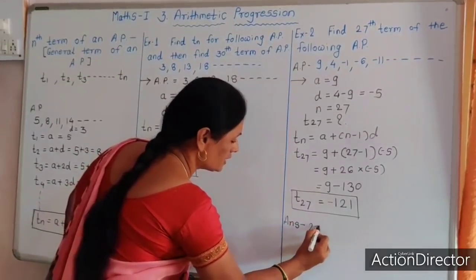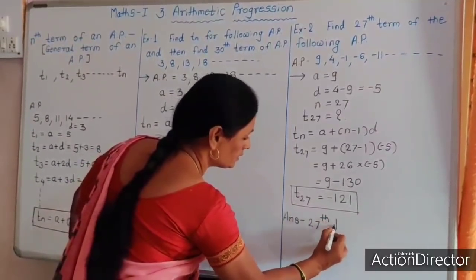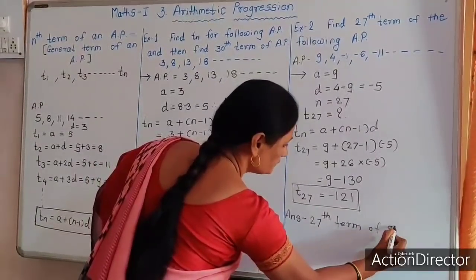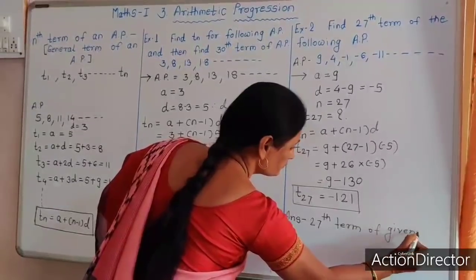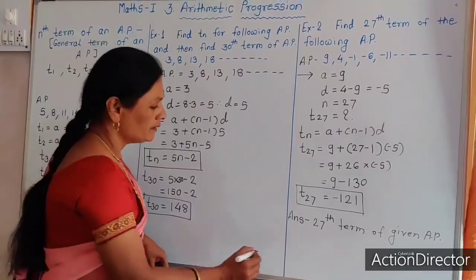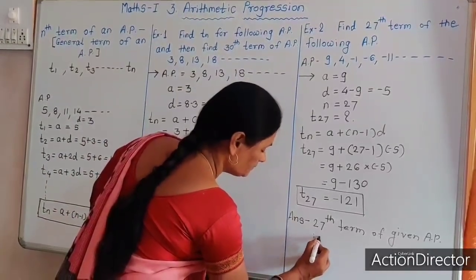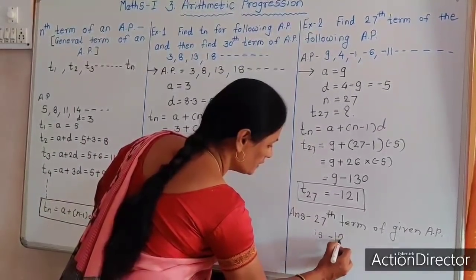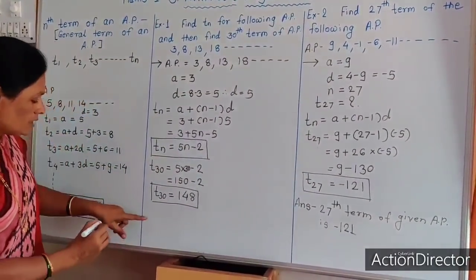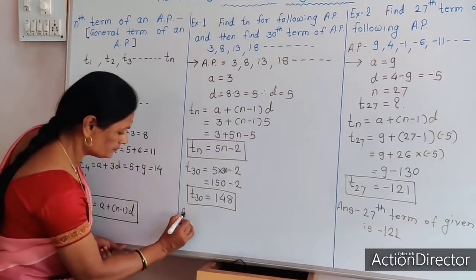Therefore, the answer: the 27th term of the given AP is minus 121.